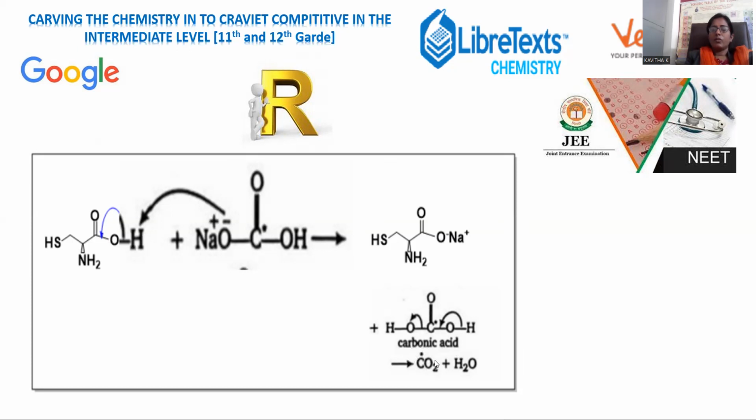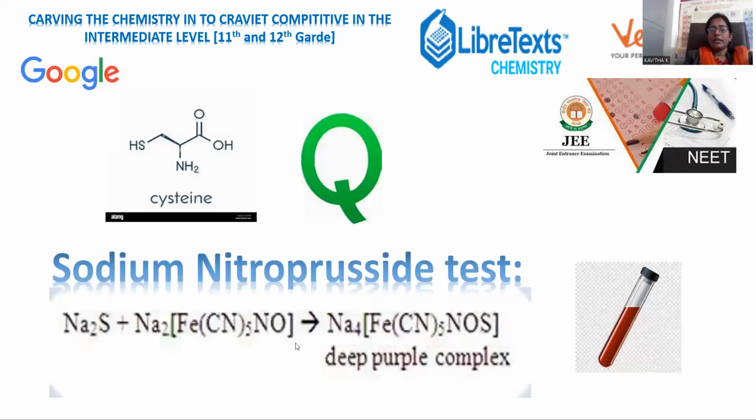So bubbles of carbon dioxide evolve because we generate the sodium salt of cysteine, and the H plus added over here generates carbonic acid. Carbonic acid subsequently decomposes to give carbon dioxide gas.